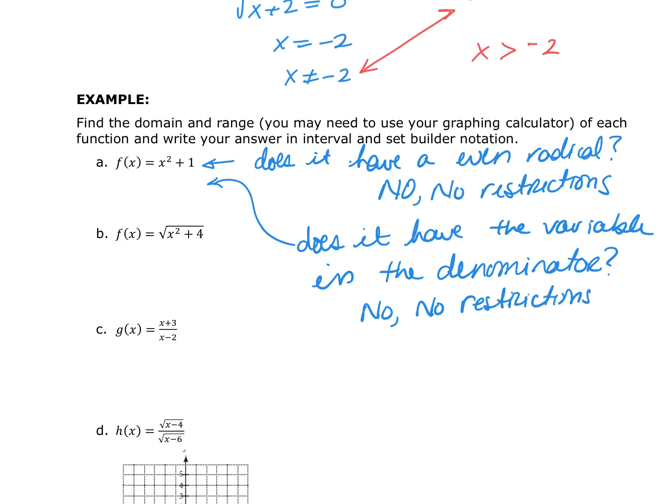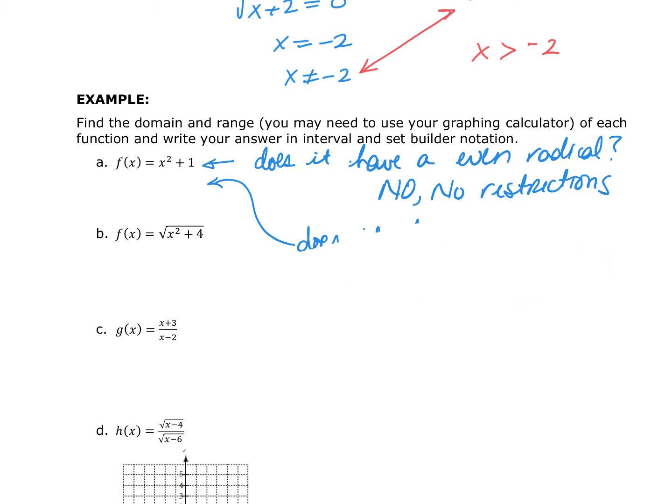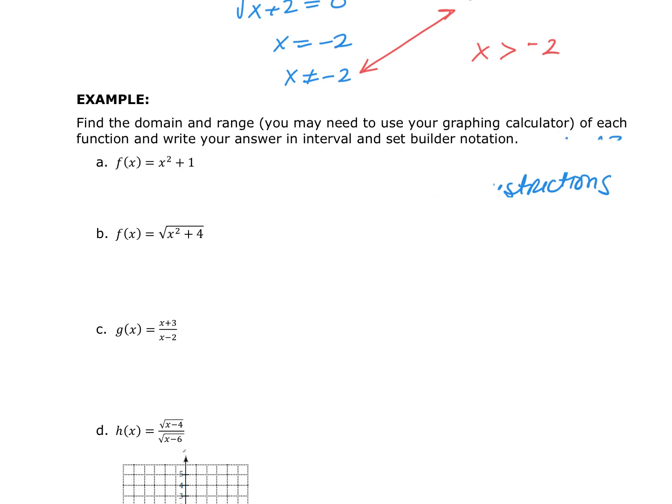Now, at this point, that's all we need to look for. Later, however, we will look for further restrictions. Those are the two questions I ask myself. Do I see an even radical in there? No. Does it have a variable in the denominator? No. So I know if my answer to both of those are no, then I have no restrictions.